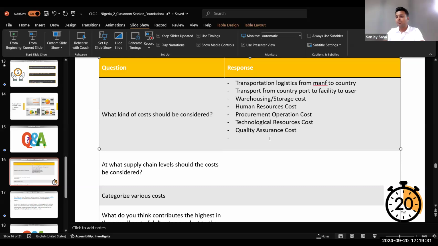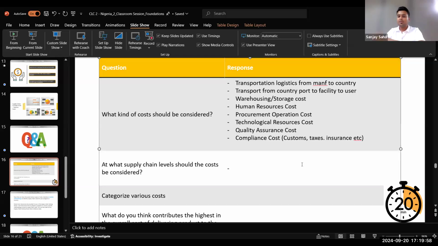Okay, so one cost is all types of compliance cost, such as customs clearance, in some cases taxes, in some cases regulatory costs. Insurance, for example, when products are coming from one place to the other. These are all compliance costs.